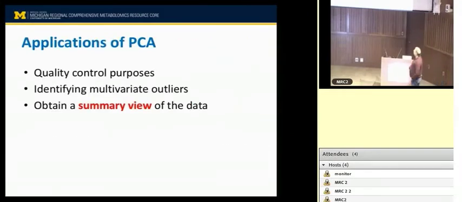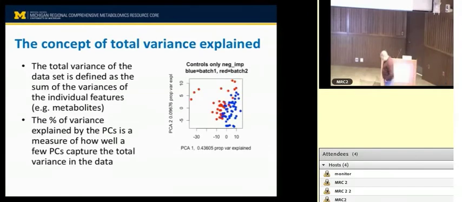So, sure. One more question. If you change, for example, the plot and plotted PC3 and PC4 together, you might see other types of outliers. Sure, absolutely. So then if you want to consider all the principal components to identify clearly one outlier that will be very different, then you need another kind of statistical analysis, right?